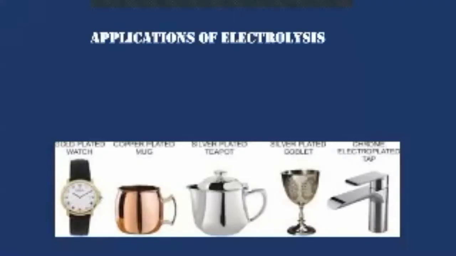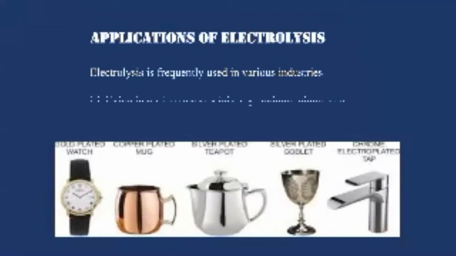Now, let us look at the applications of electrolysis. Electrolysis is frequently used in various industries. Extraction of various metals. Example, we can extract sodium and aluminium. As you all know, metals exist in nature in metal ores.